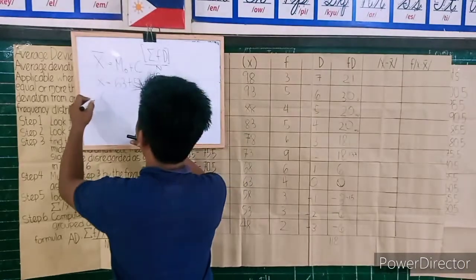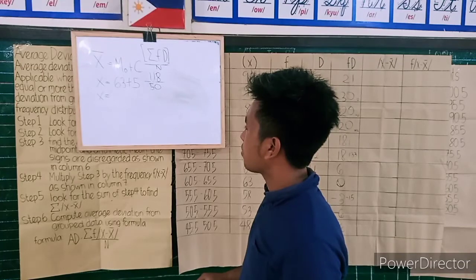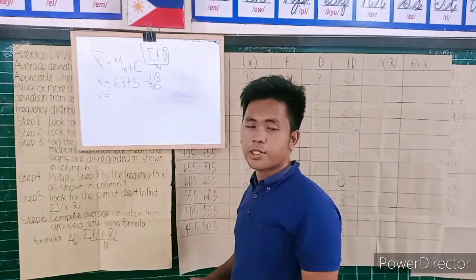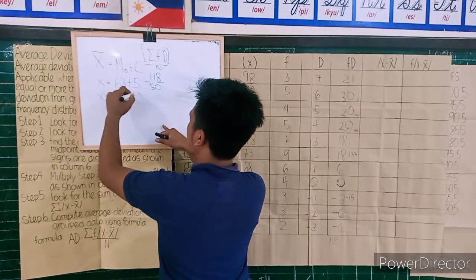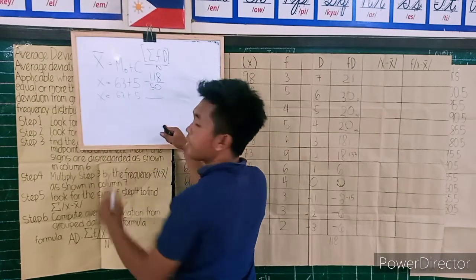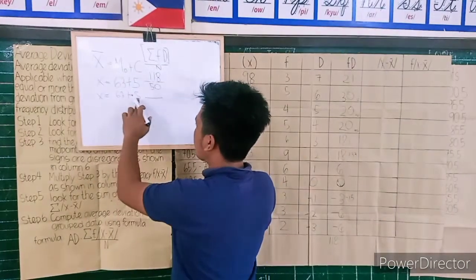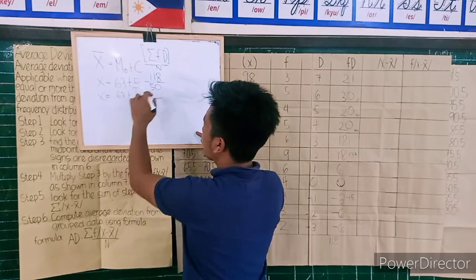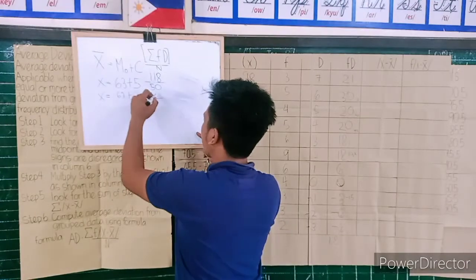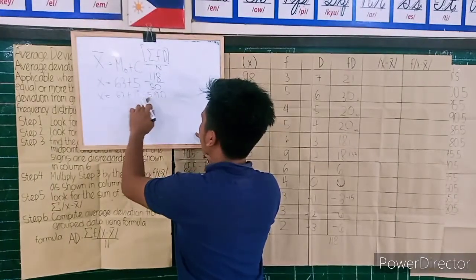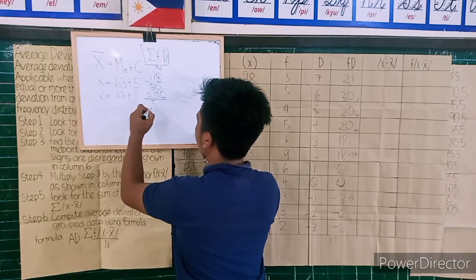Okay, so simplify. We have 63 plus 5 times 118, we have 590, divided by 50.